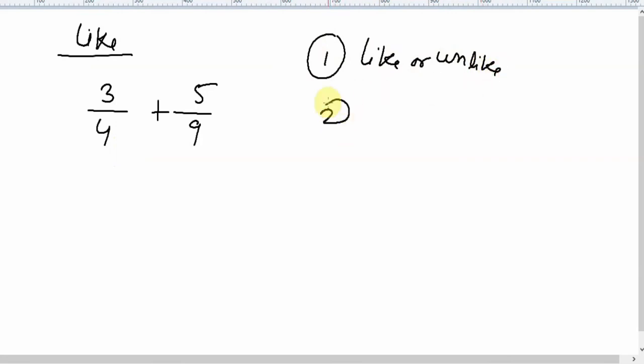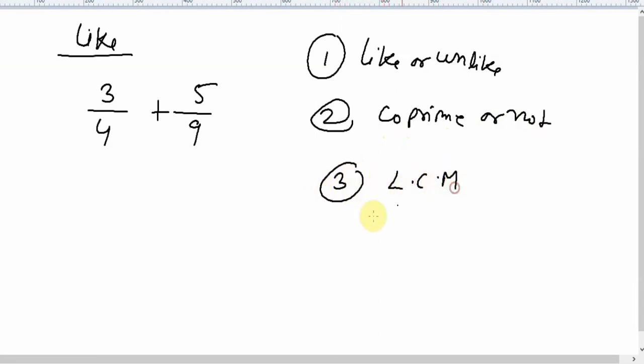Number two, you have to check whether they are co-prime or not. If they are not co-prime, I will come to why I am talking about co-prime, then third, we take the LCM.